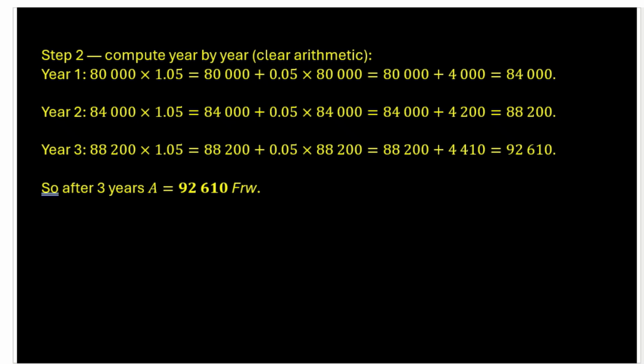So 1 plus R is 1.05. So in the first year you multiply with it and then get the number here.